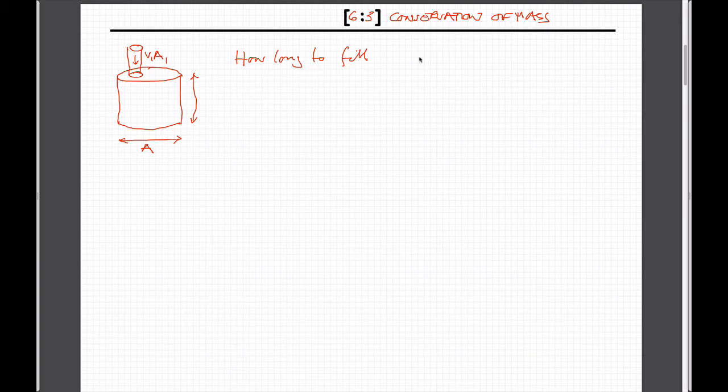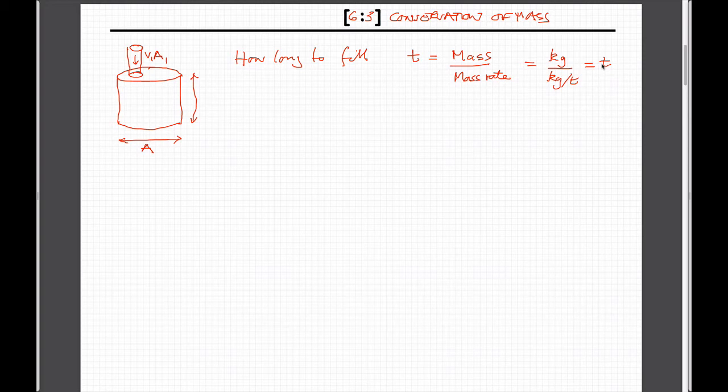Then we can calculate that as the time to fill is equal to the mass that needs to fill it divided by the mass rate, right? Because this would be in kilograms, and it would be kilograms per time, which is just going to be time. So that's really all it is.